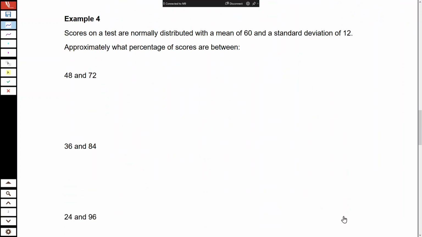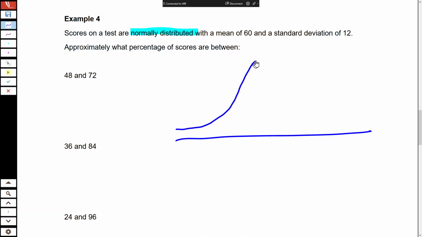Okay, normal distribution. A lot of people left this question blank on the exam. So let's draw a picture. So in the middle, my mean is 60, and the standard deviation is a number telling me how spread out the data is.